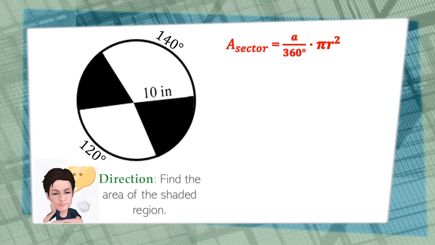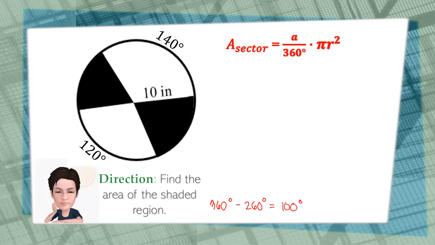What I'm going to do is add 140 and 120, so it's 260. I will deduct it from the total degree measure of a circle, which is 360. So I would have 360 deducted by 260. That means 100 degrees.